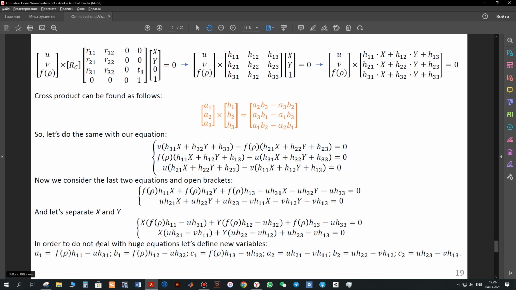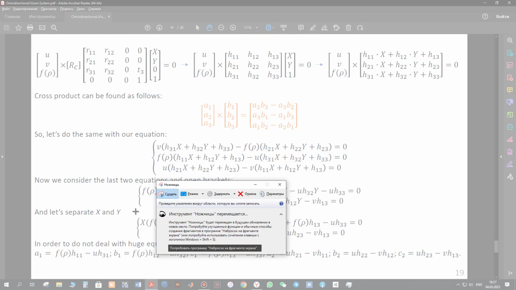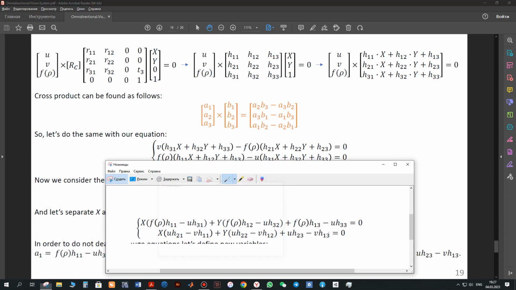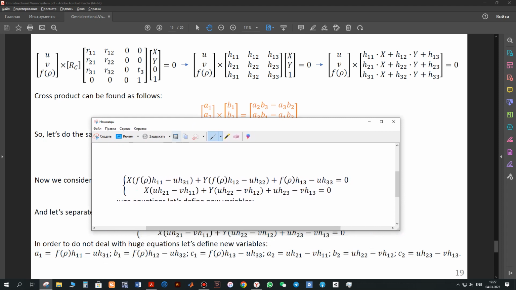And here, in order not to deal with a huge equation, we define new variables. For example, this one will be a1, because we just want to simplify our equation. So instead of writing this, we will just write a1.